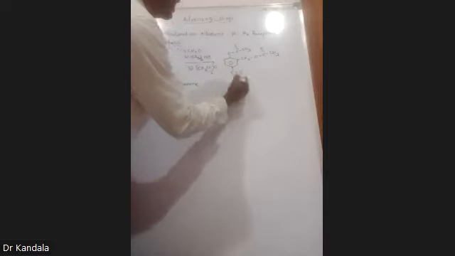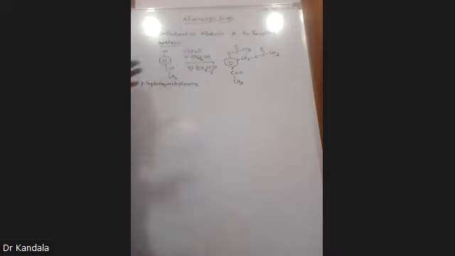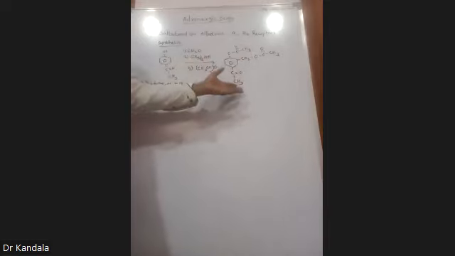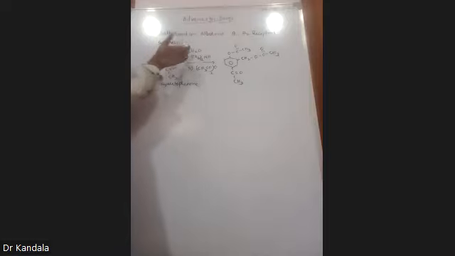And at the para position we have C double bond O CH3. So this is the first step where para-hydroxy acetophenone is converted to a diacetyl substituent upon reaction with formaldehyde, dimethylamine and acetic anhydride.